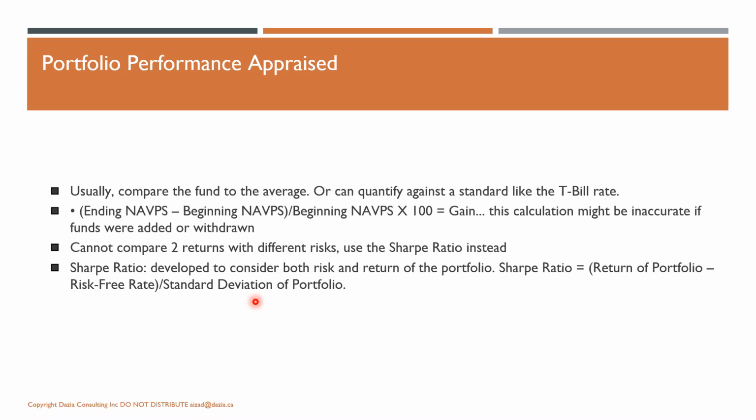The return of the portfolio is 3%. The risk-free rate is 1%. The standard deviation is 0.5. You take this minus that, divided by the standard deviation, and you get the Sharpe ratio. Just those three things you need to remember.